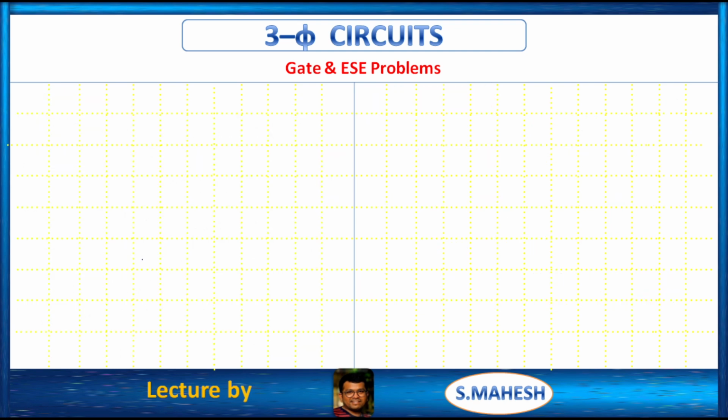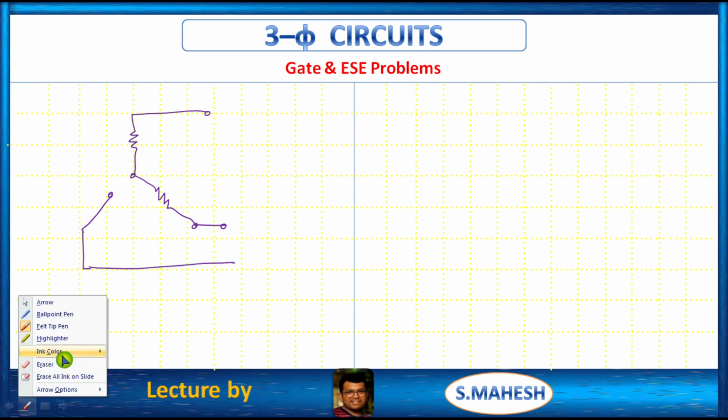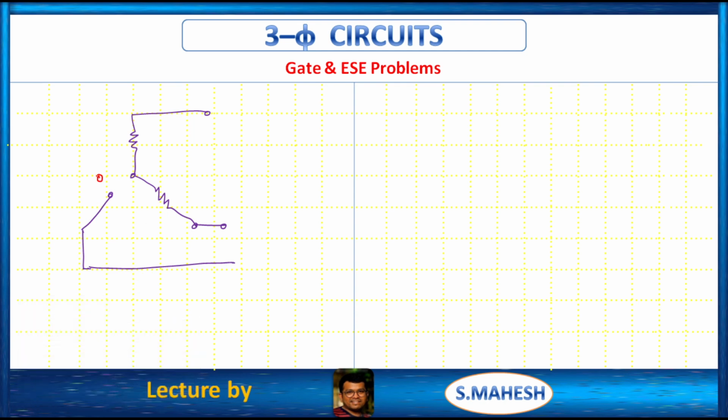Let us see. For example, this is one phase, this is another phase, this is the open-circuited phase. So one of the phases is open circuited, that is removed. Between these two is nothing but VL. That VL is divided as VL by 2.